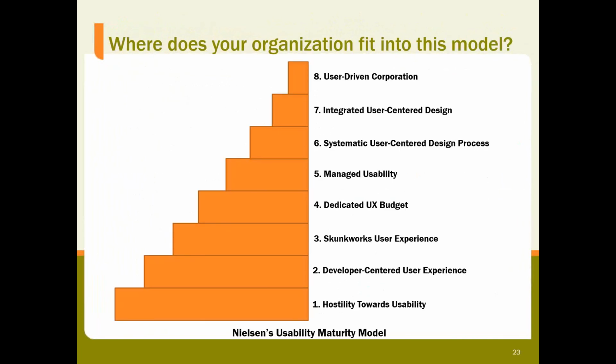Now, here's a famous diagram from one of the founders of usability, Jacob Nielsen. This is Jacob Nielsen's usability maturity model. He created this probably 30 years ago, but I think it might still apply today. Before embarking on a UX research and design program within your organization, you'd probably want to figure out where your organization falls in this model and then plan your strategy accordingly.